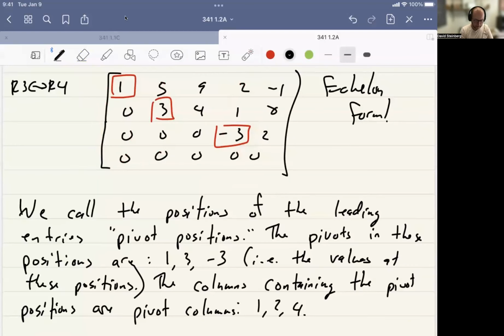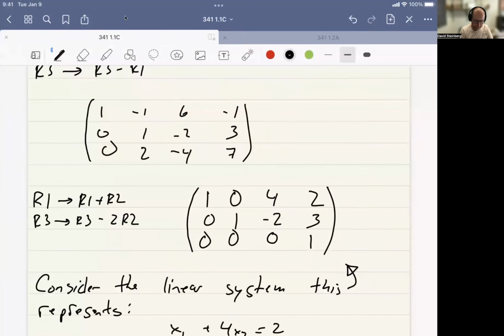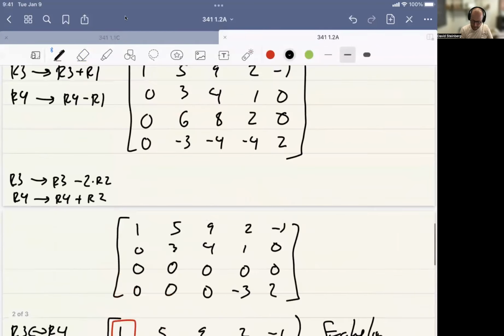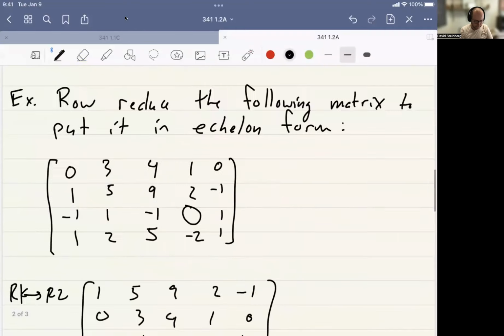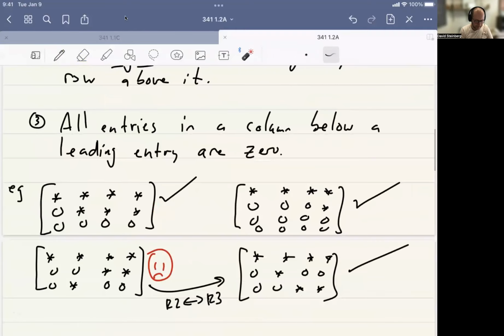We could go back to these pictures and say, okay, pivot, pivot, pivot.